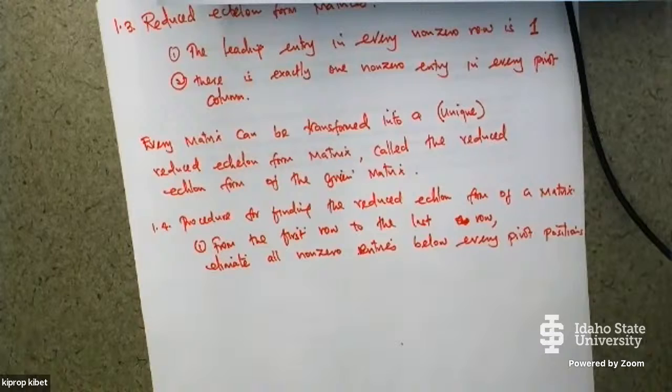From the first row to the last row, eliminate all non-zero entries below every pivot position. So that is the first step.